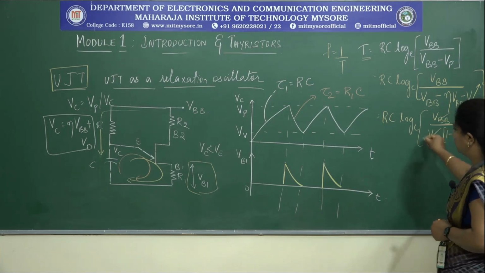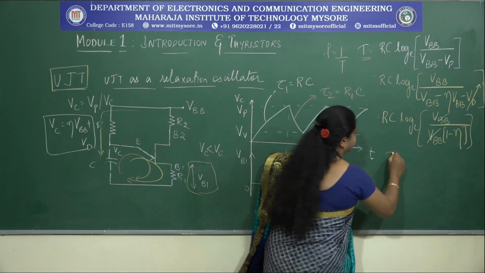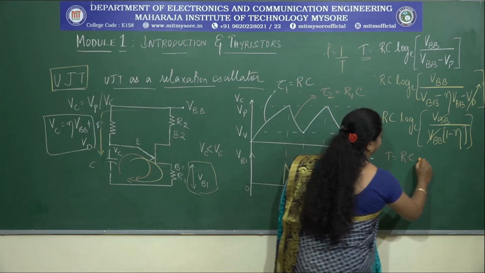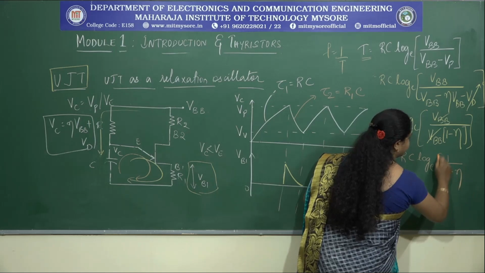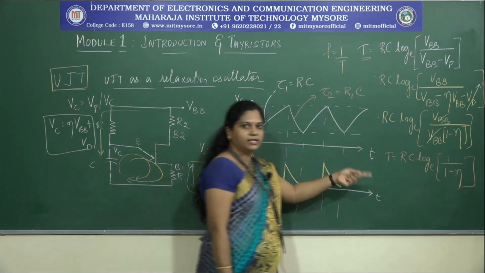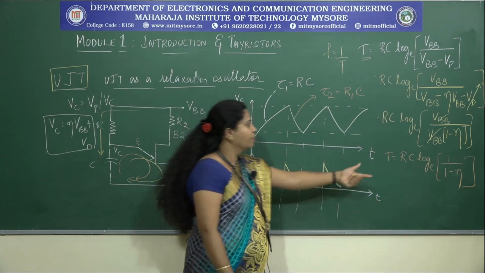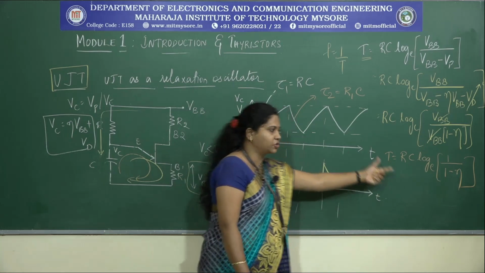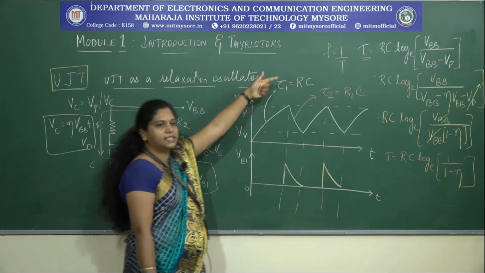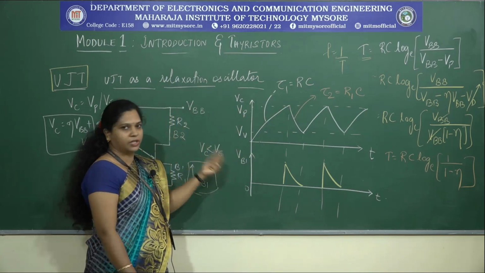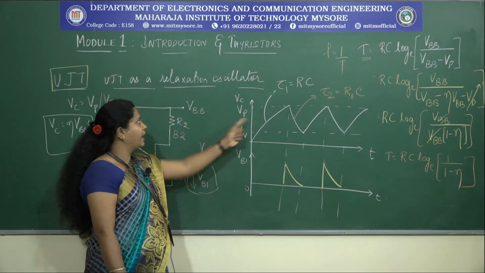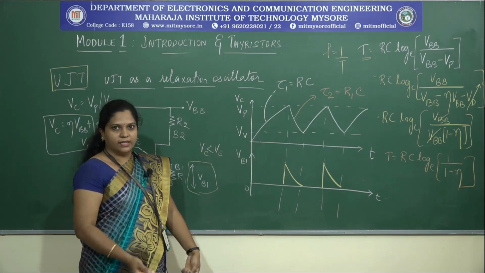So VBB and VBB will get cancelled. So the time period can be calculated as RC log 1 by (1 minus eta). Eta is the intrinsic standoff ratio. By this expression, you can calculate the frequency of the oscillator from which you are going to generate the pulses to supply to the thyristor.